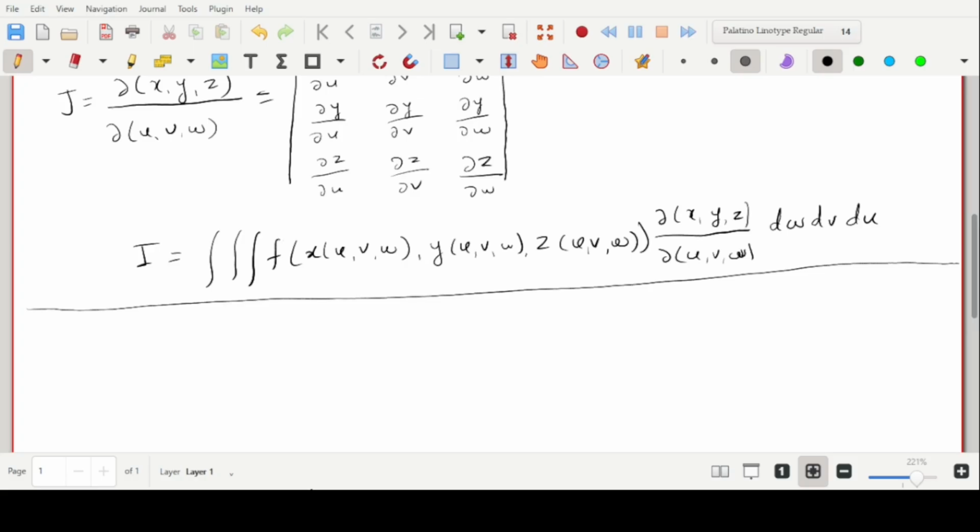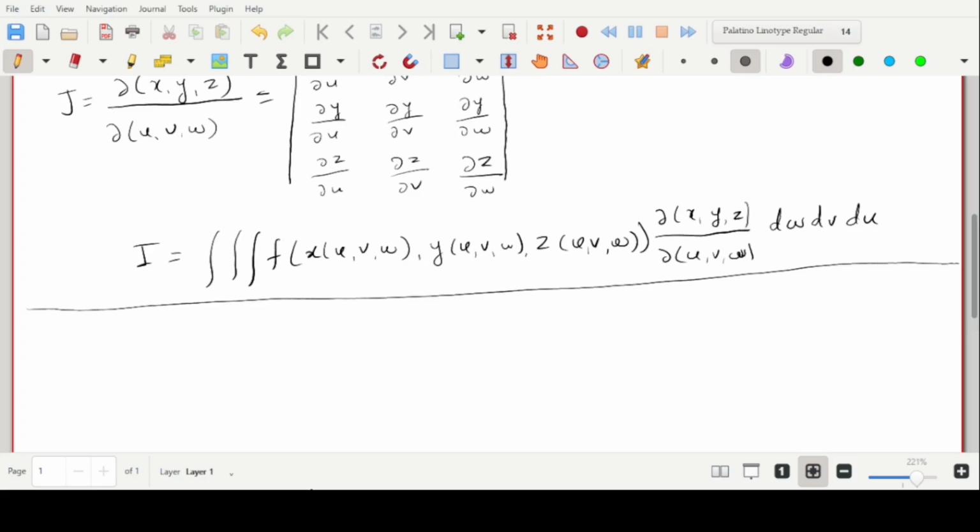We expressed the point x comma y as r comma theta, where r is the distance of the point x comma y from the origin, and theta is the angle that it makes with the positive x-axis. That is called the polar coordinates.